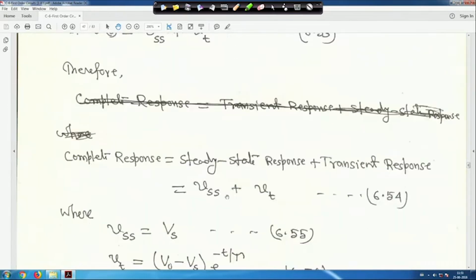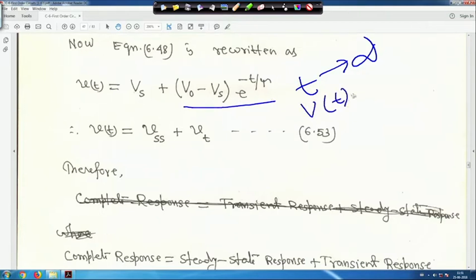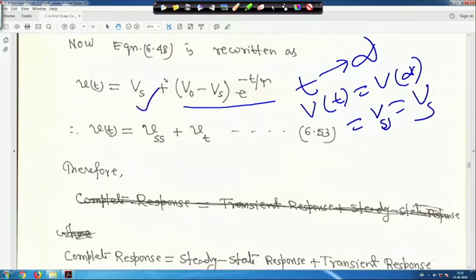So, in this complete response, if t tends to infinity, the second term will vanish. If t tends to infinity, that means this term will vanish, and at that time v(t) will be V infinity, that is your steady state value, that is Vss will become Vs, right.